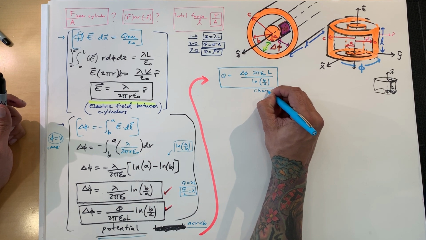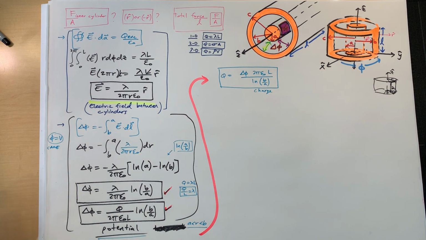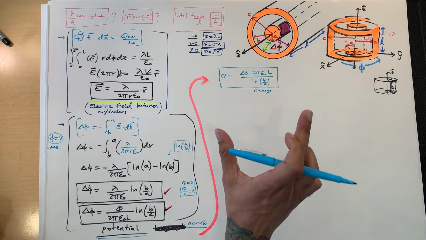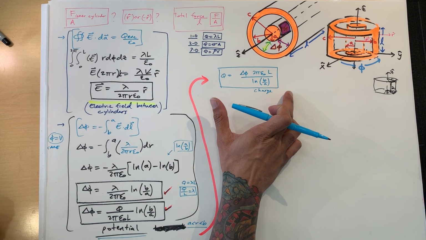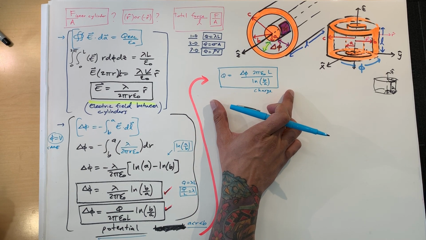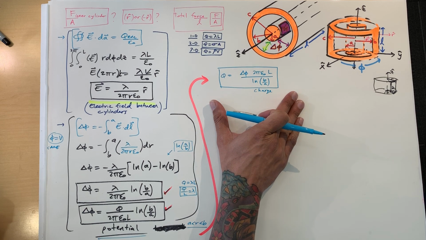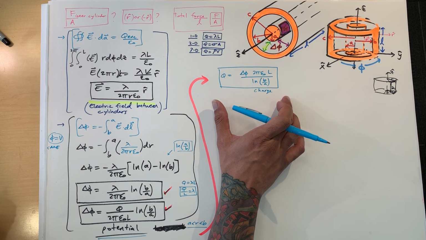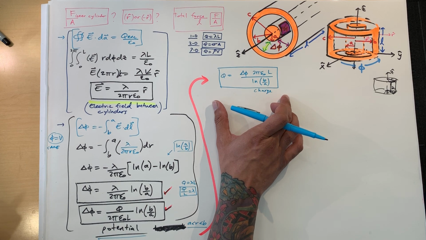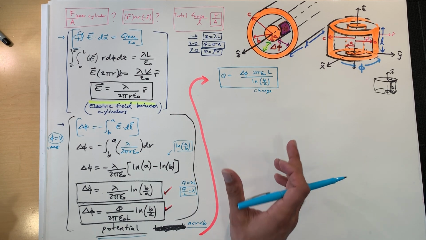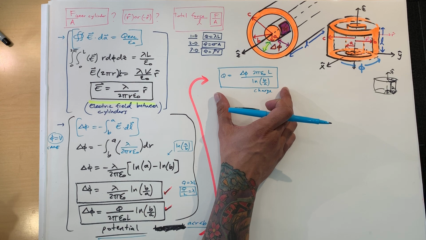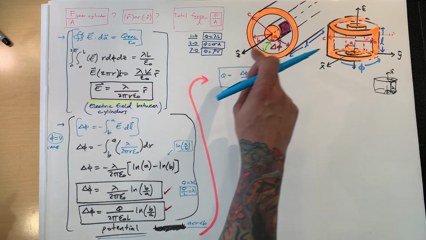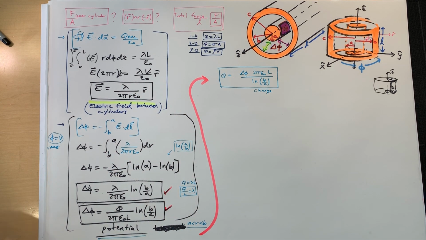Okay, so now we have a value for Q, which is our charge. Now we want to evaluate the electric field in the inner cylinder. Our whole purpose of this was to give us a representation of the electric field in this region. This next part might be a little bit tricky, but let's see if I can clear it up.